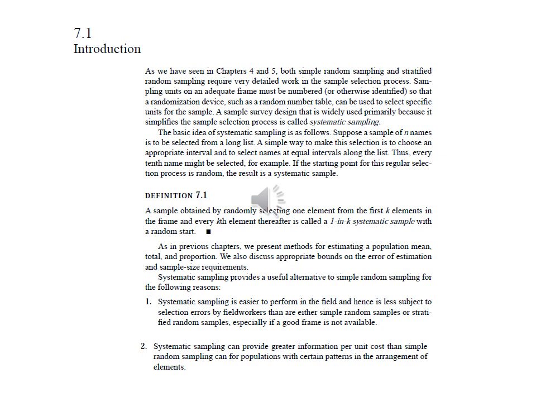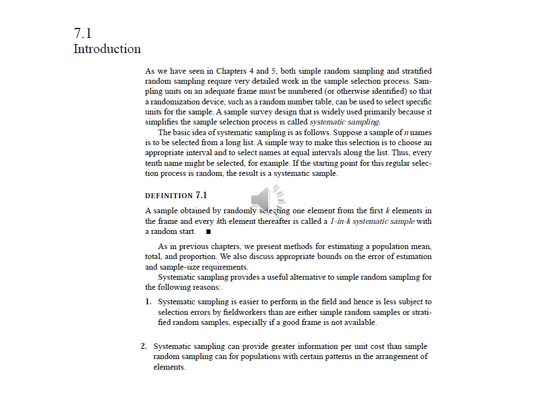Sampling units on an adequate frame must be numbered or otherwise identified, so that a randomization device such as a random number table can be used to select specific units for the sample.